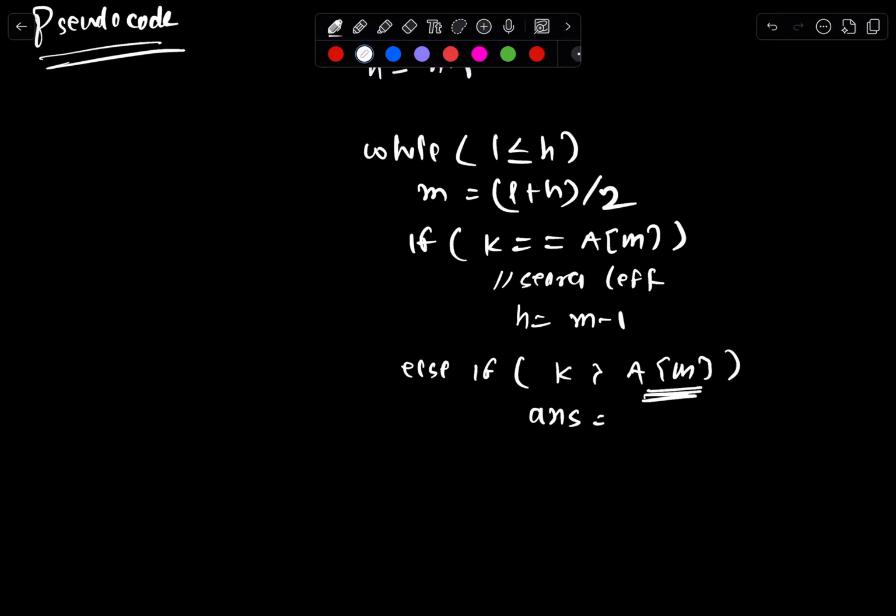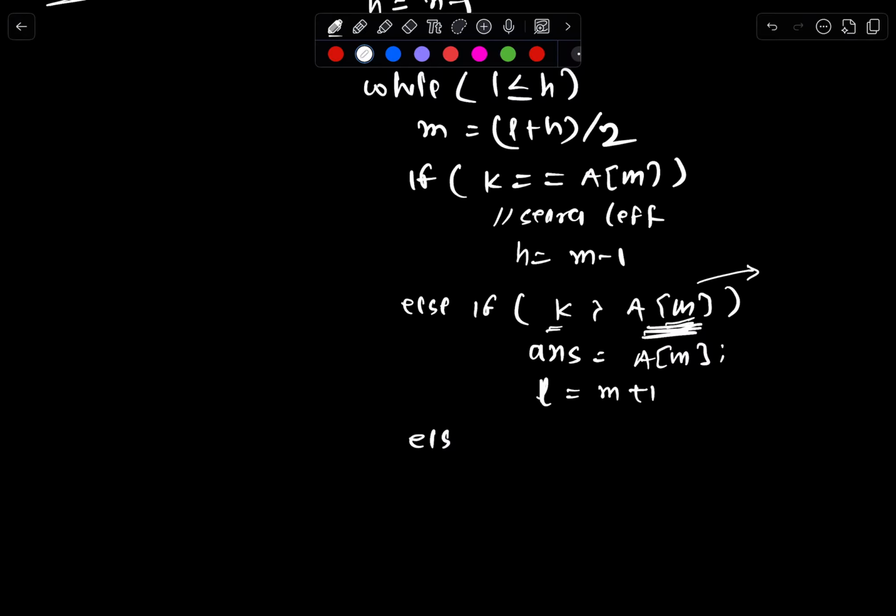So answer equals A of M. But we have to search on the right side to find if any element is greater than this but smaller than K. So L is equal to M plus 1.